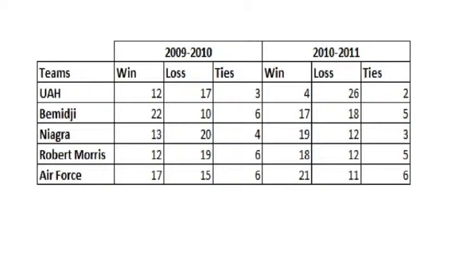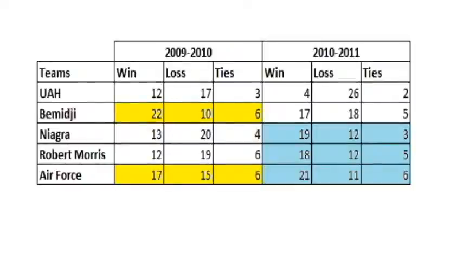We can create multiple sets using this data, but today we're going to make 2 sets, A and B. Set A is going to contain every team that won more games than they lost in the 2009 to 2010 season, while Set B is going to contain every team that won more games than they lost in 2010 to 2011. Here, I highlighted the various teams that won more than they lost in the various seasons.